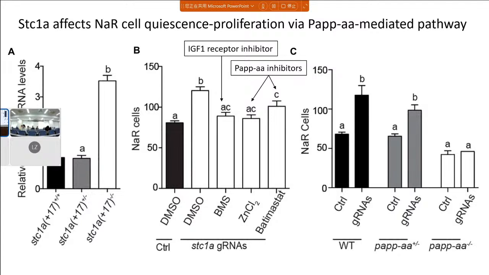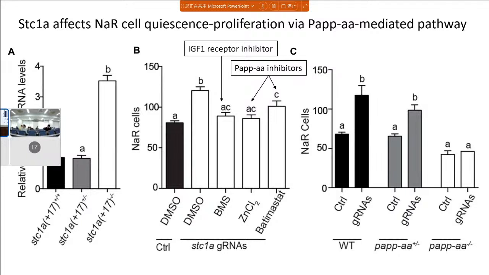And as for figure B, the knockdown of STC1A by the STC1A gRNAs results in more NAR cells.